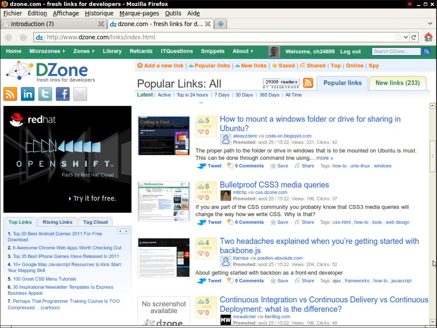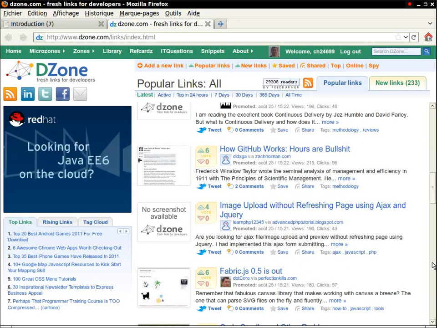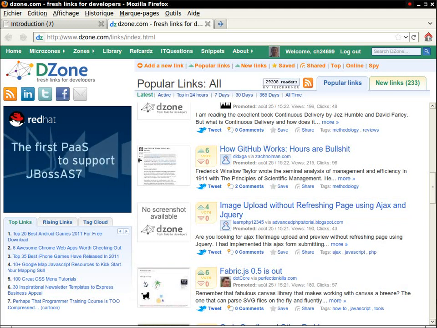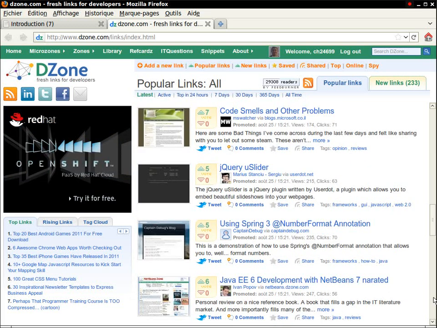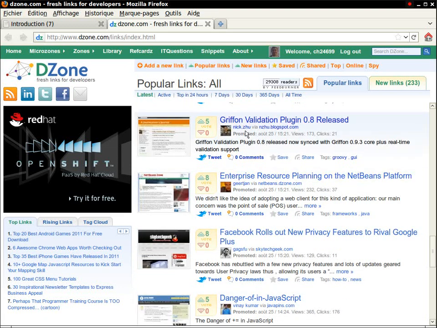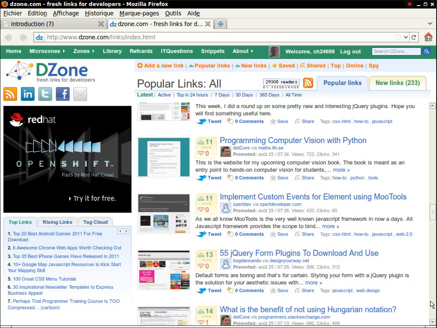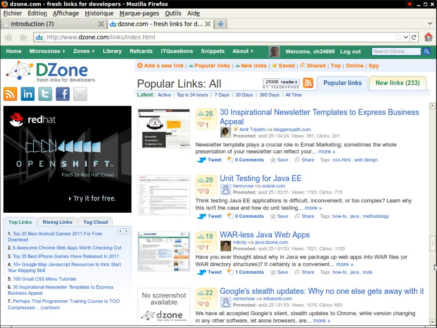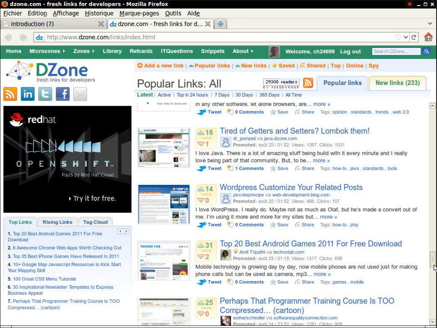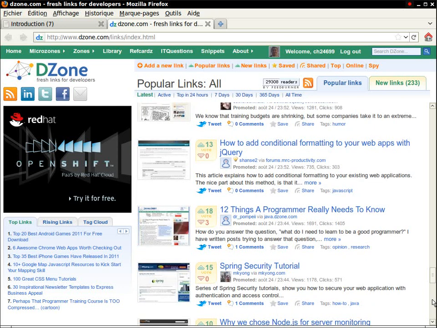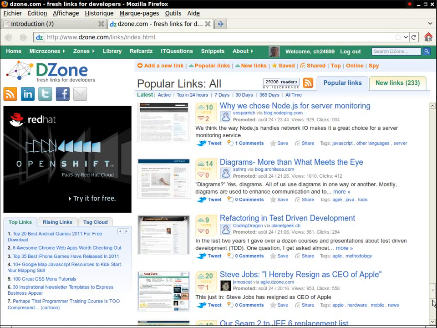Here we have something about CSS3, GitHub, a bunch of JavaScript libraries because they're all web designers, something about Java EE6 and NetBeans. Griffon is something that uses Groovy as a library. Groovy is a programming language. And as you go through here, someone talks about something to do with Python. Every week you can see a dozen languages or so mentioned. Here's someone tired of getters and setters who has a Java add-on.